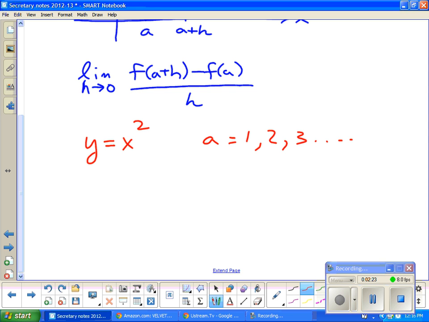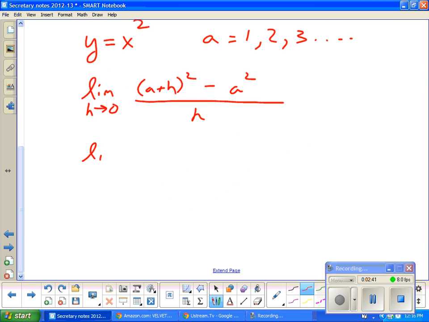So if I plug in a plus h, you all agree we get a plus h squared minus a squared, all over h. Again, you will quickly learn, and I'm not going to take the time to do Pascal's triangle, you should probably have this memorized by now. When you square a binomial, you're going to get that triangle.